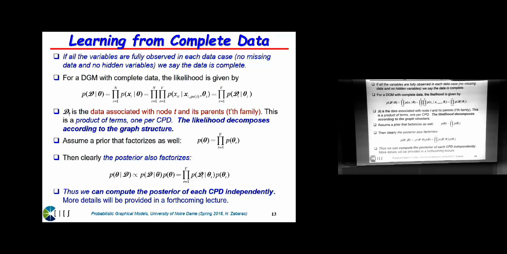Isn't it the likelihood of the data over the family of node t? If you move this outside and have the product over all the nodes, and this refers to t and its parents, isn't it really the likelihood of the family of node t? It only involves the data that have to do with t and its parents. Can we see that?